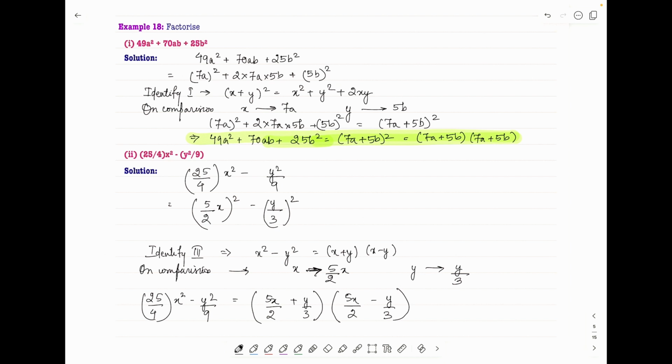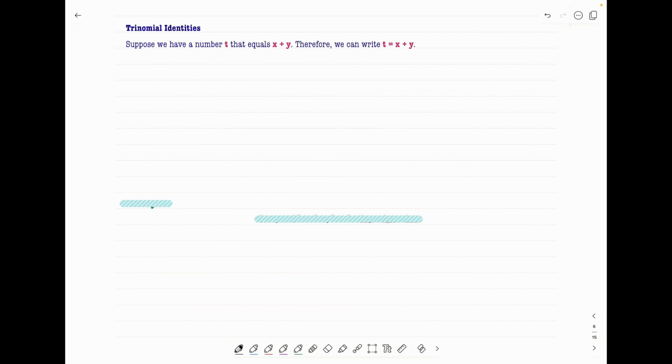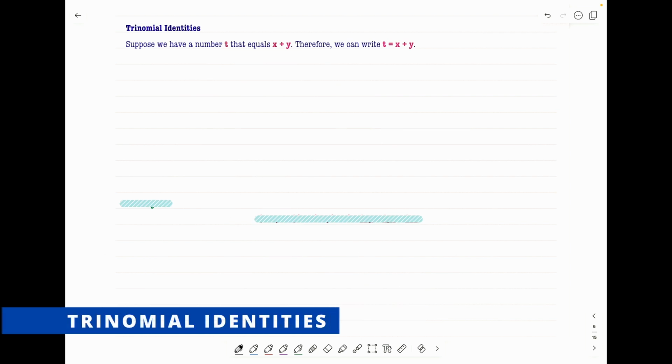This is the factorization of this equation. Got my point? You can write 25 by 4 x square minus y square by 9 as 5x by 2 plus y by 3 into 5x by 2 minus y by 3. So this is how you do the factorization: you use the identities to find the factors. Okay, now trinomial identities. Here we were using binomial identities, where only the xy term was there.